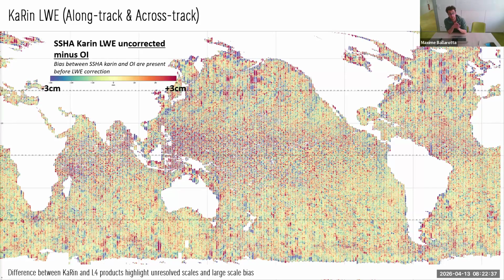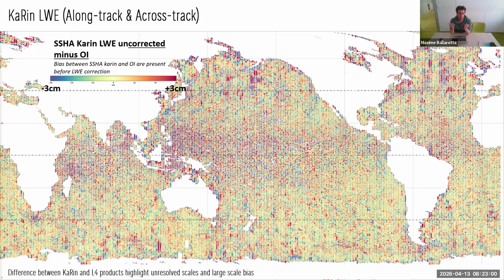Another way to see it, and this picture is quite interesting, is if you subtract the level 4 product from the level 3 Karin dataset, you will have a picture of the residual between Karin and the map, so the level 4 product.